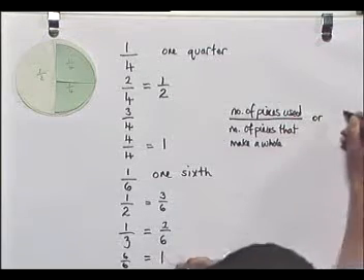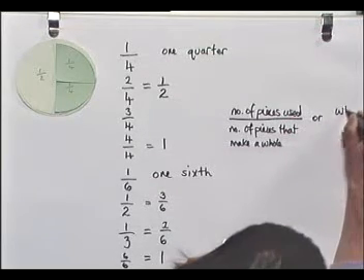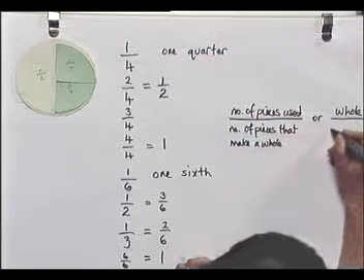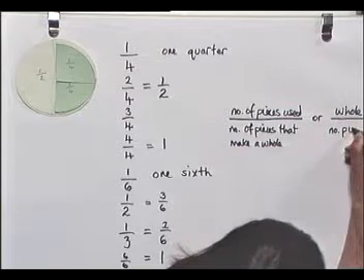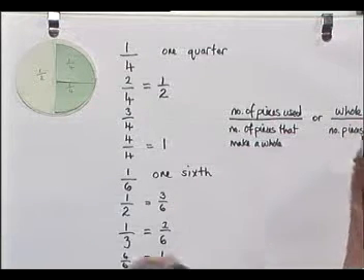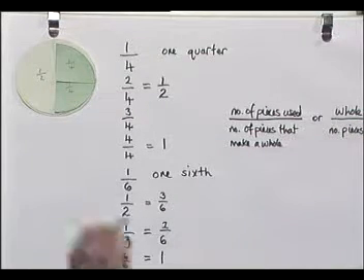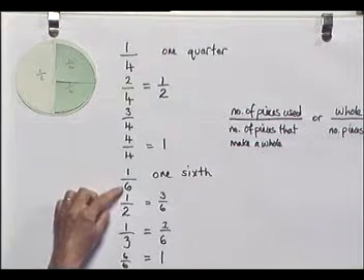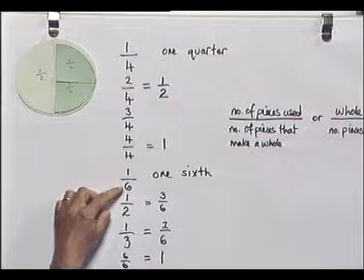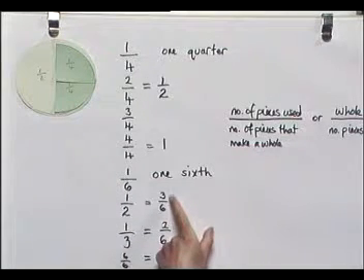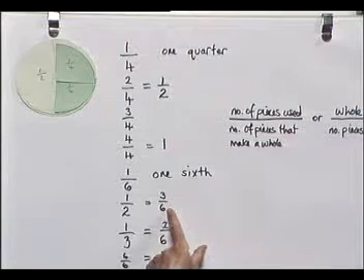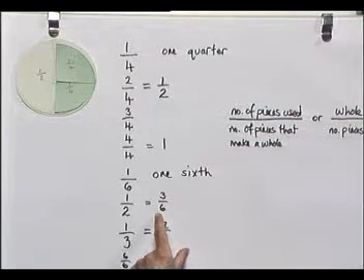Or as the whole divided by the number of pieces or number of people that we've divided it into. So here we have a whole bar divided into 6 pieces. Here we have the number of pieces that we've taken divided by the number of pieces that make up the whole bar.